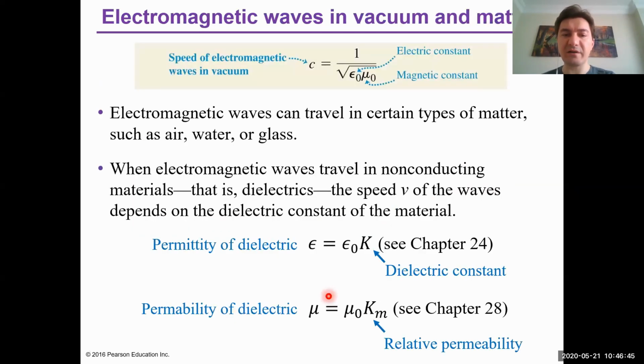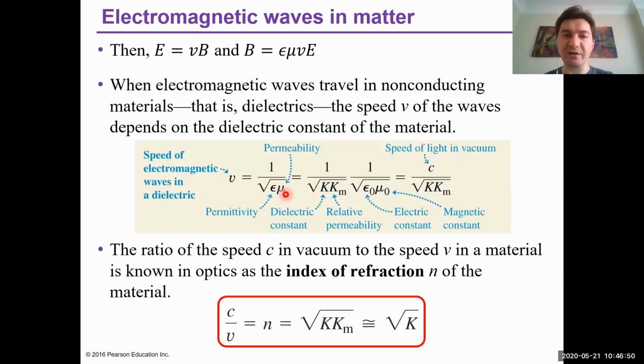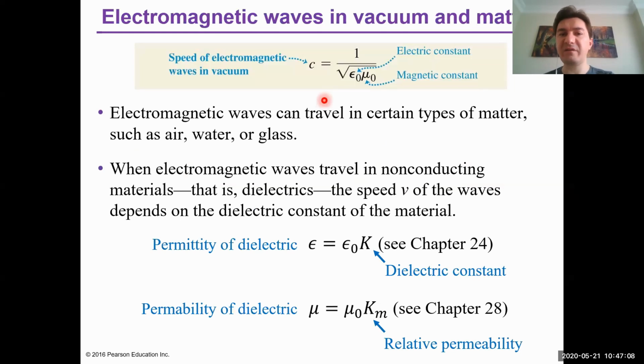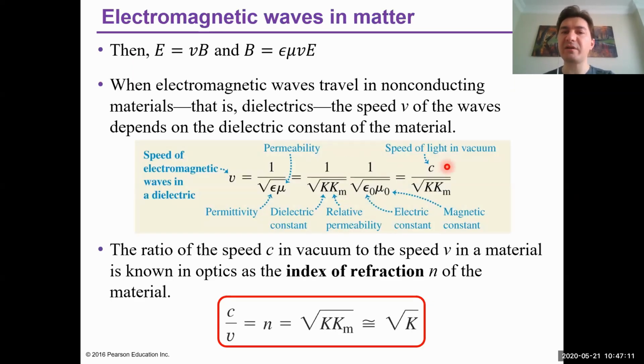Just use epsilon 0 times K and mu 0 times Km, put them here, then you can get this type of expression, 1 over square root of K times Km, times 1 over square root of epsilon 0 times mu 0. So what was this one? This is c, the velocity of light. So instead of this one, you can use the speed of light. So the speed of electromagnetic waves in a dielectric material or in matter can be written with the speed of light in vacuum and those constants.